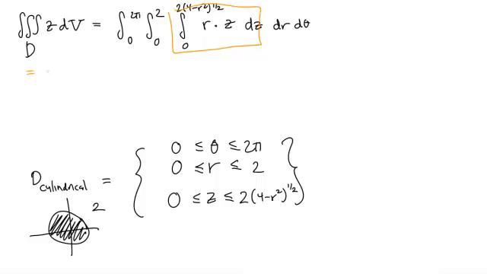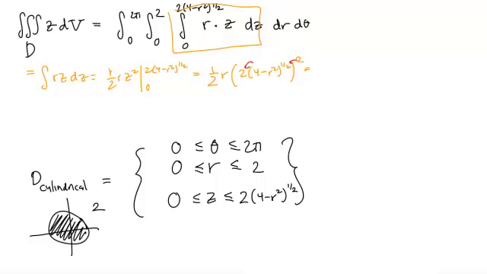This innermost integral, we integrate rz with respect to z. We'll get 1/2 r z squared, evaluated from 0 to 2 times 4 minus r squared to the 1/2 power. So that'll get us 1/2 times r times the quantity 2 times 4 minus r squared to the 1/2 power, squared. Since this is a multiplication, I can put this square on both pieces.